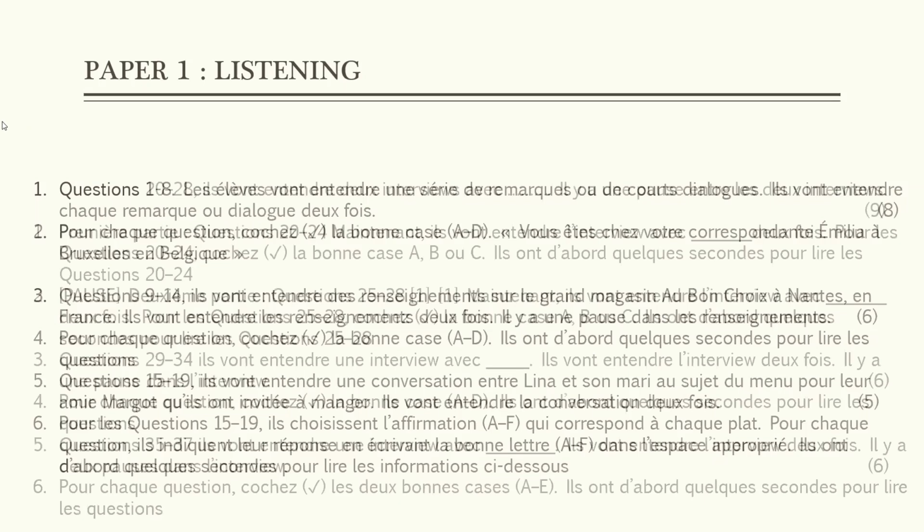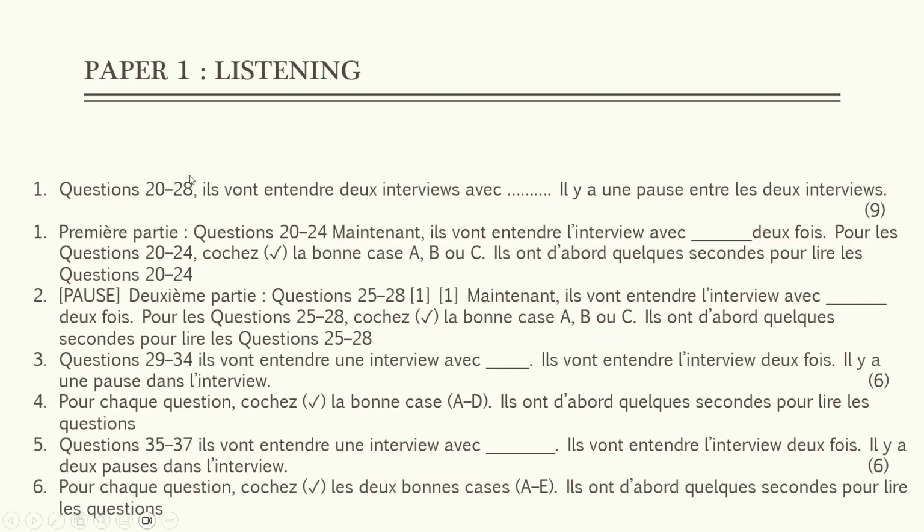If you take questions 20 to 28, they will have two interviews, so the level is a little higher. The first few listening passages are a little simpler, but here they listen to an interview and choose the best answer. They always split this into two parts.